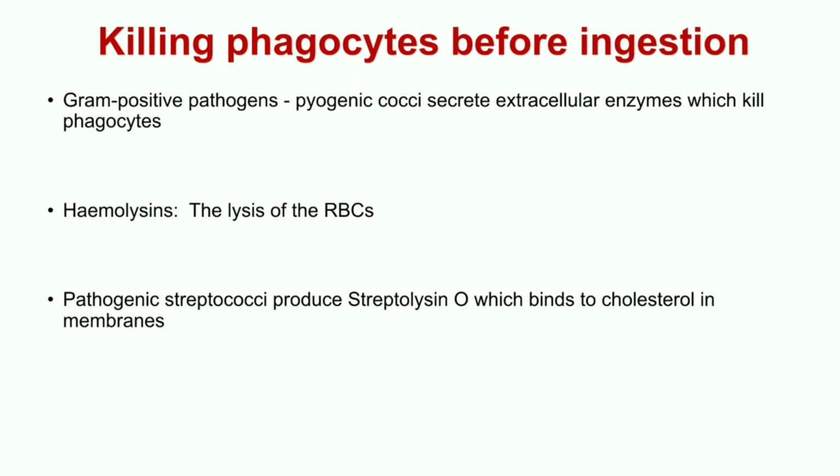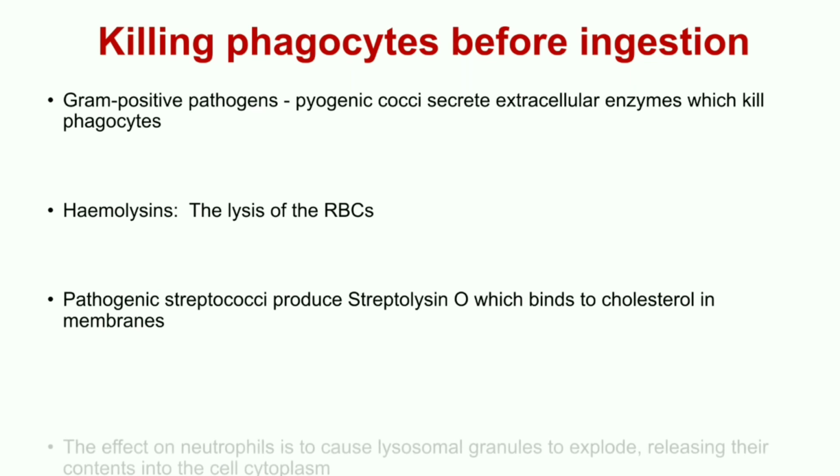Pathogenic streptococci is yet another example. Strains of pathogenic streptococci are known to produce streptolysin O. Streptolysin O has the ability to bind to cholesterol in the membrane of the host cells. The effect of such binding on neutrophils is to cause lysosomal granules inside them to explode, releasing their content inside the cytoplasm.